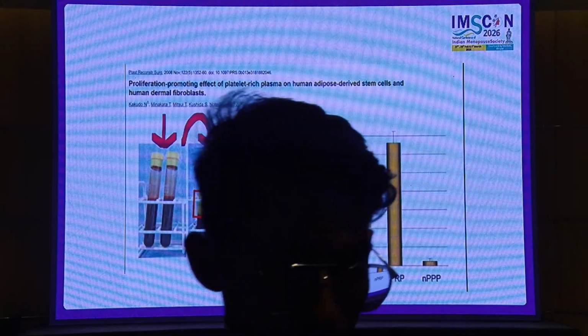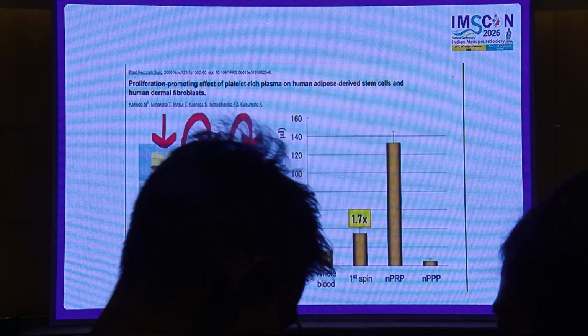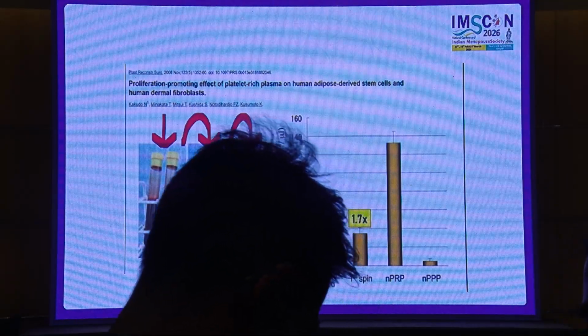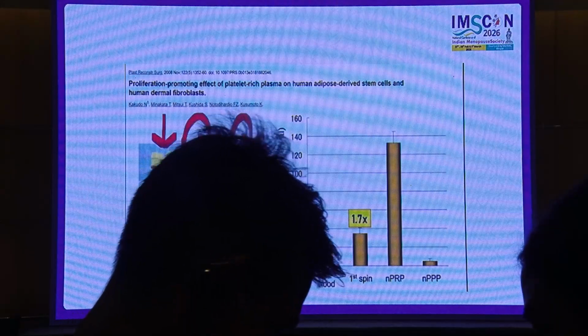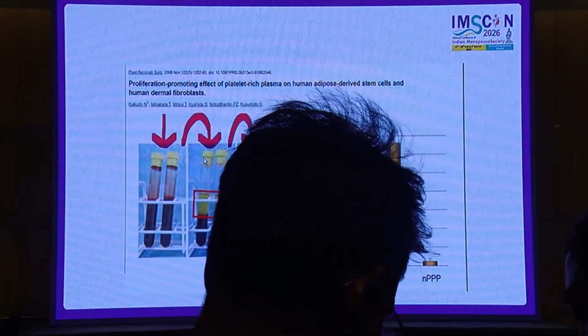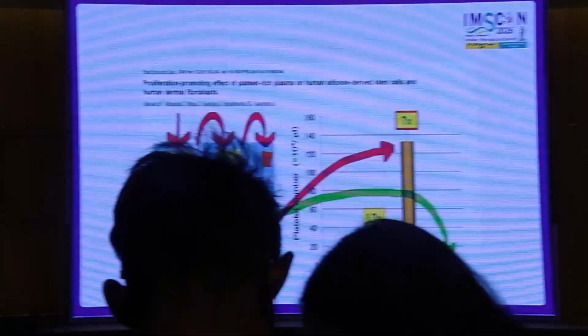It is very important to understand that if we spin for the first time, the concentration is 1.7 times. But if we take the upper and the buffy coat and respin it, then the concentration comes up to 7 times. So we need at least 3 to 5 billion platelets per milliliter.